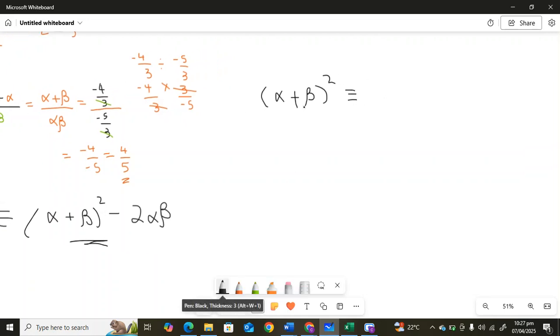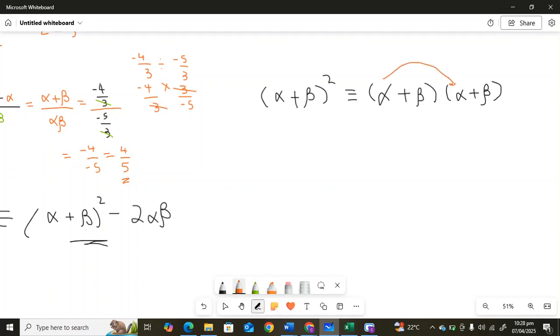So alpha plus beta squared is the same as alpha plus beta multiplied by alpha plus beta. So what we're going to do is we need to expand.